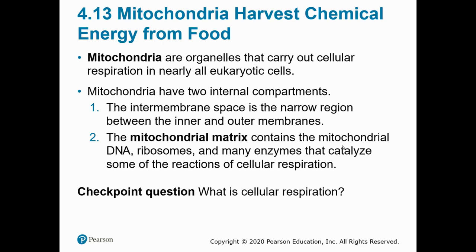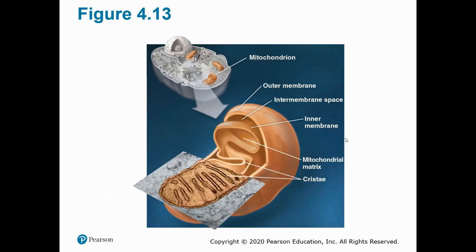We don't actually encode for mitochondria. It contains ribosomes and a lot of the enzymes that catalyze some of the reactions for cellular respiration. We're going to talk about cellular respiration in one of the future weeks. This is an example of a mitochondrion. And like I said before, it's about the size of a bacterium.